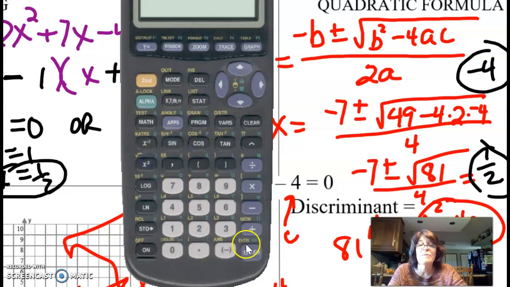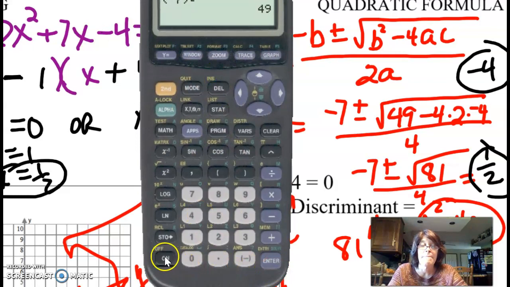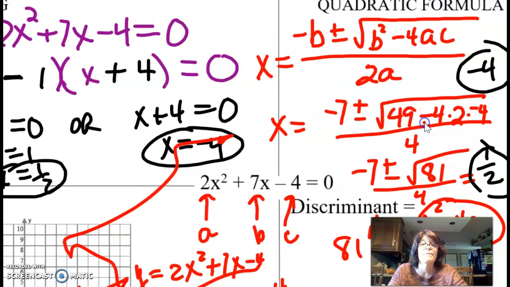And then that will give you positive 49. See the difference? So be careful with the quadratic formula. I see people all the time get the wrong answer. They truly think they're doing it correctly, and they're just not. All right, so anyway, that's the first one.